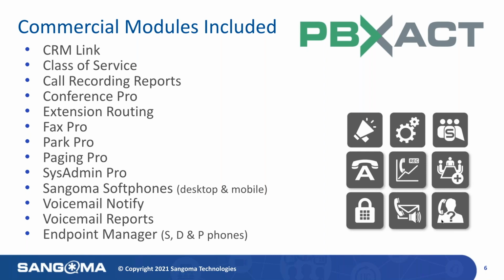Class of service really comes into play, especially in hospitality and specifically in our Oracle connector module. That module is included. Before I tell you what it does, I'm going to jump to extension routing, which is another one that's great for hotels.